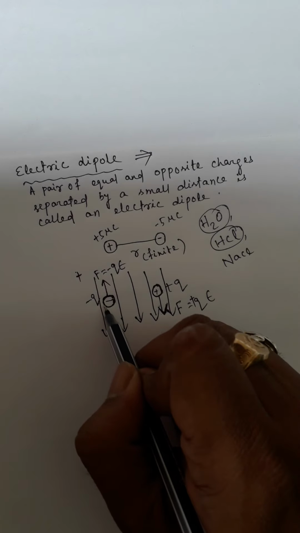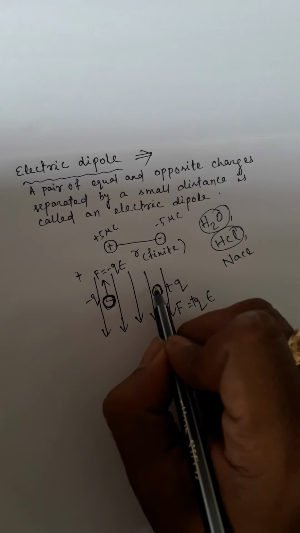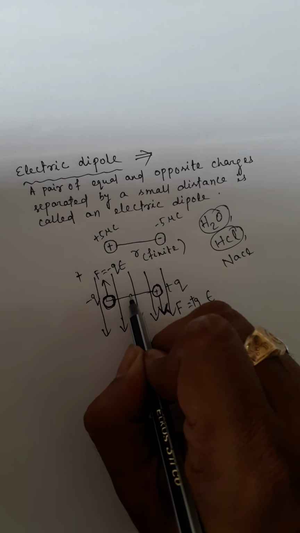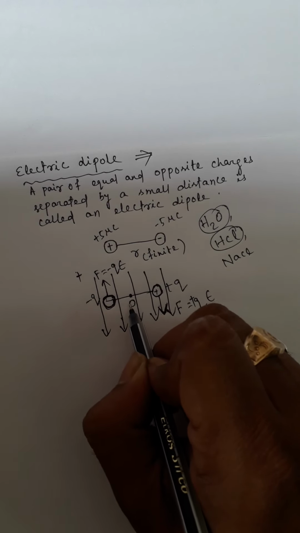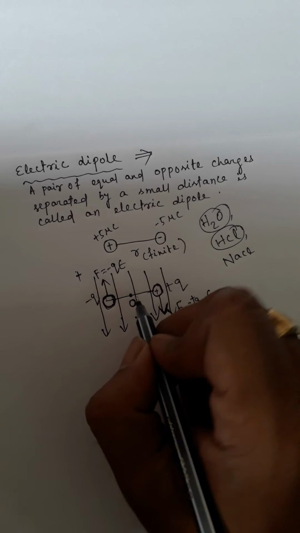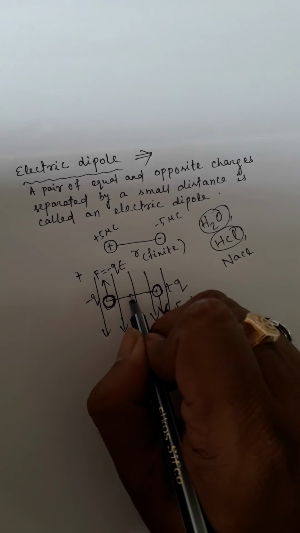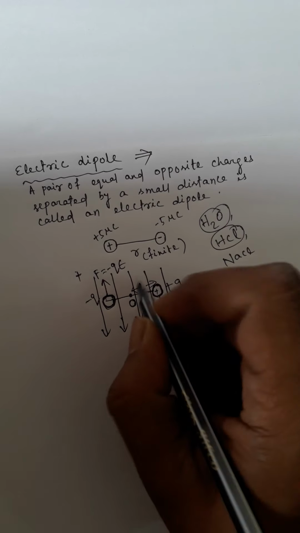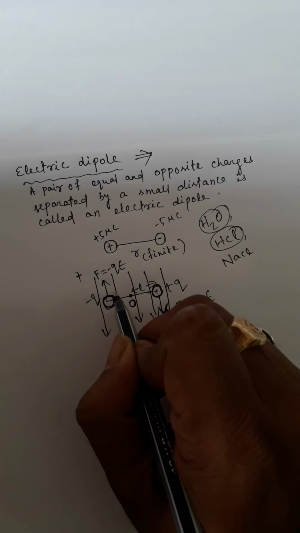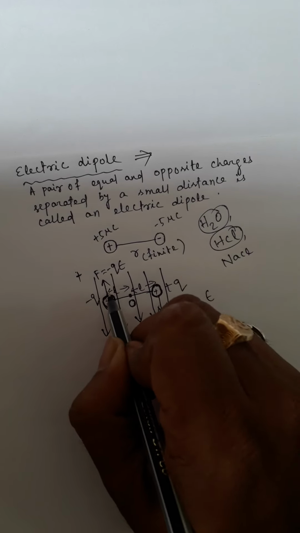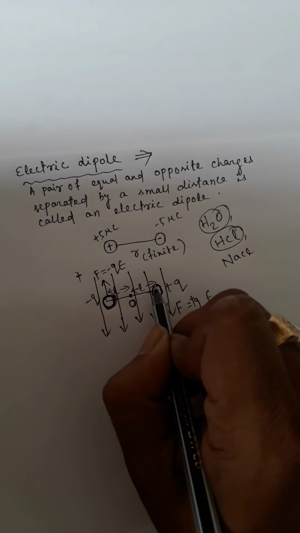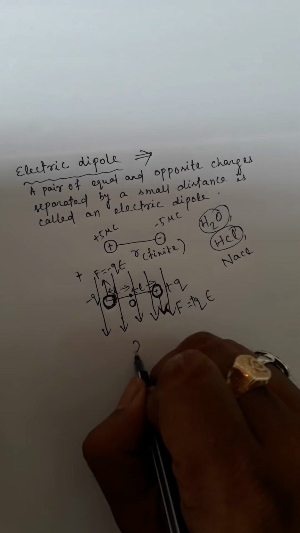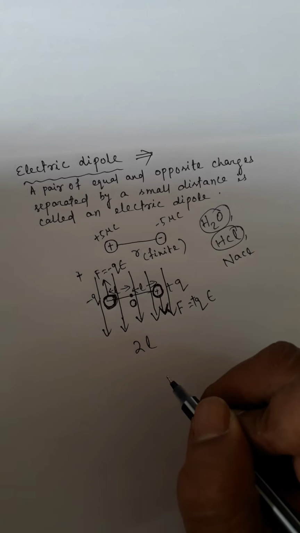And the separation between these two charges, suppose this is the center of the dipole, O, and the distance from the center to the positive charge is L, and the distance from the center to the negative charge is also L. So the total distance between the two charges of the dipole is 2L, L plus L.